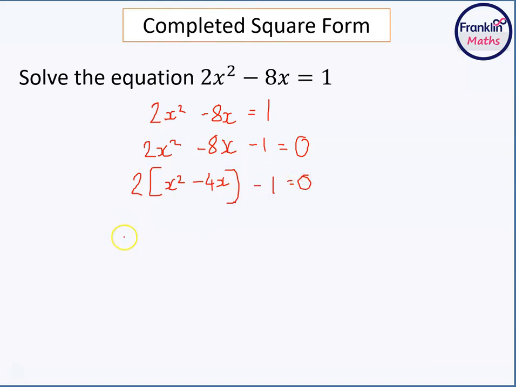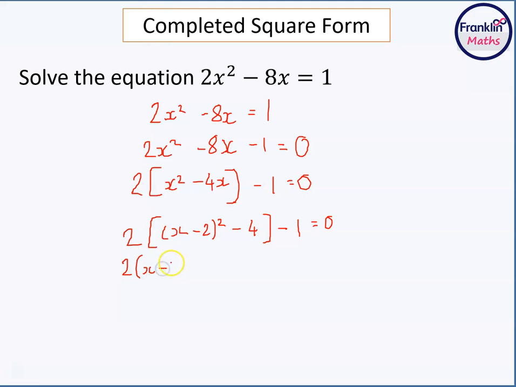So complete the square inside the square bracket there: (x minus 2) squared minus 4, minus 1 equals 0.